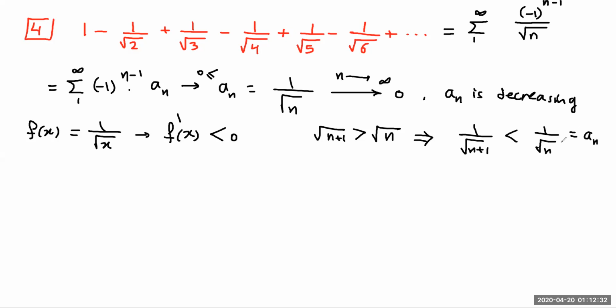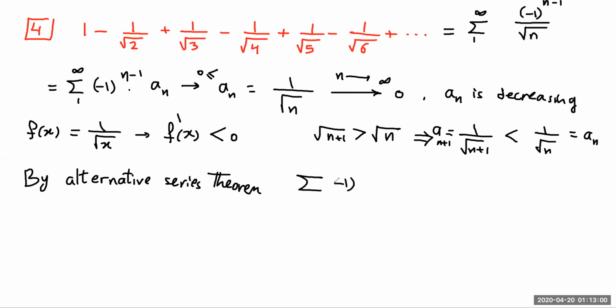So this is a_n, and this is a_(n+1). So now all the conditions of the theorem are satisfied. So by the alternating series theorem, the sum of minus 1 to the power n minus 1 over root n from 1 to infinity converges.